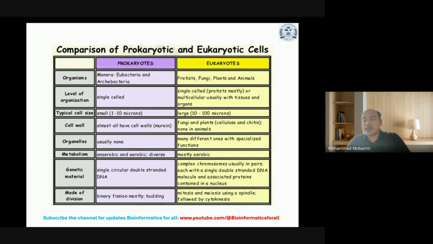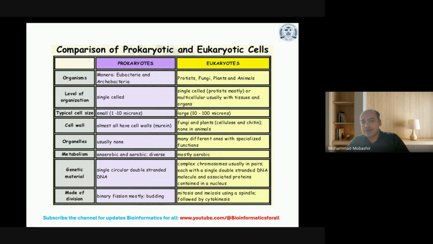Typical sizes are also different. Cell wall: almost all the prokaryotes have cell walls, while among eukaryotes, fungi and plants have cell walls, but animals do not. Organelles: normally prokaryotes do not have them, while eukaryotes do.